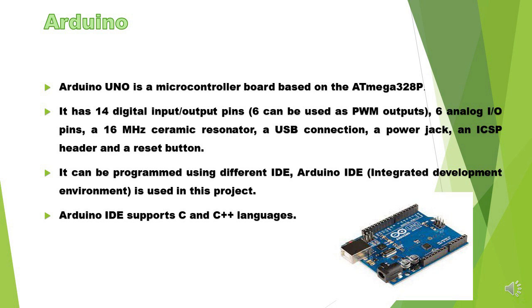It contains a 16 MHz resonator, a USB connection, a power jack for power supply, and a reset button. Arduino can be programmed using different IDEs, and in our project we use the Arduino IDE. IDE stands for Integrated Development Environment.